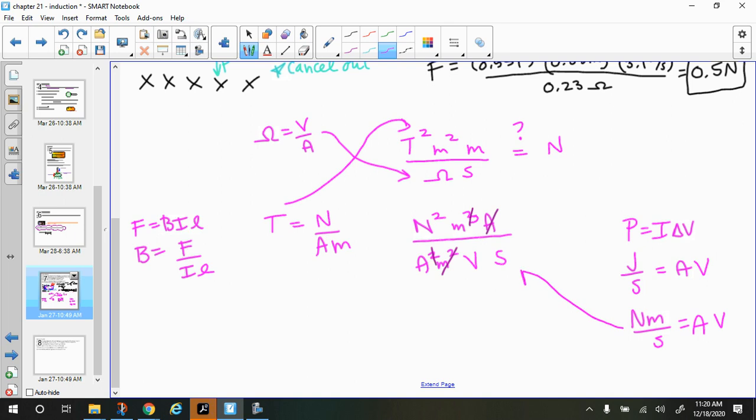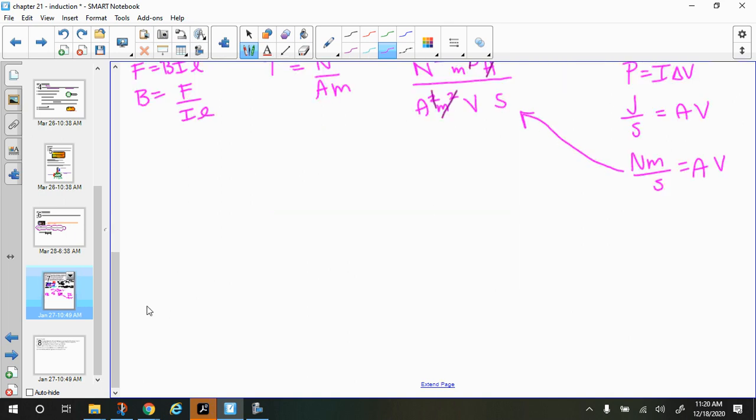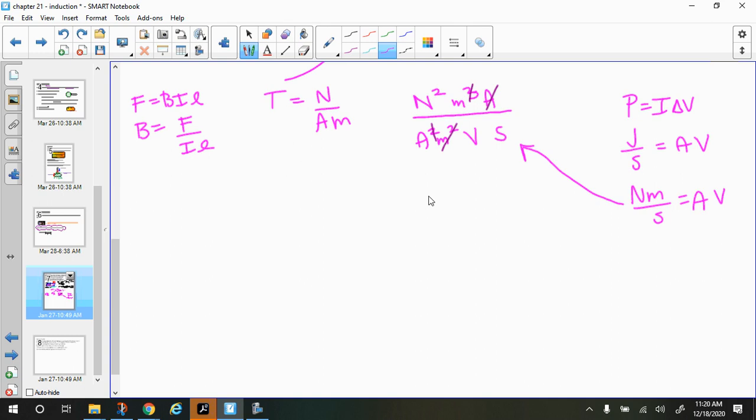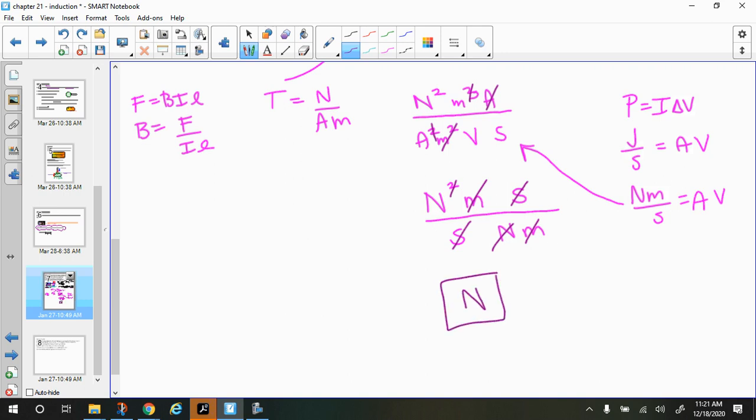So I think this is going to work. This is a complicated one. Newtons squared times meter over seconds, and then we're going to divide by AV, so we're going to multiply by the reciprocal of this, so you get seconds, and then newtons and meters on the bottom, and then our seconds cancel, and our meters cancel, and one of our newtons cancels, and we're left with newtons. Hooray! Okay, that's all I have for you.